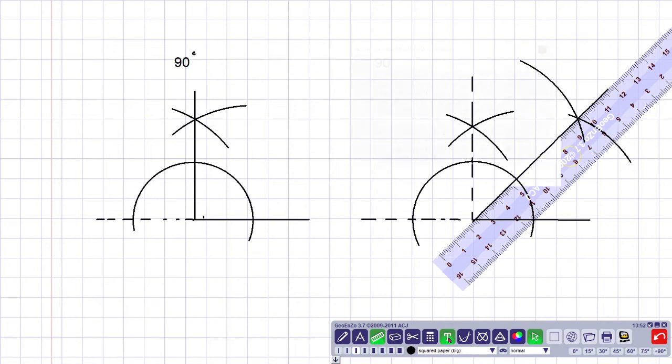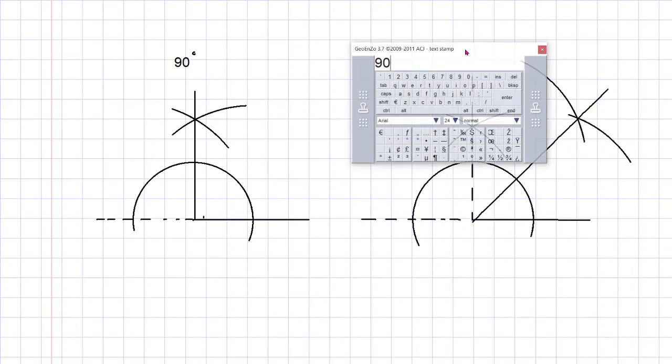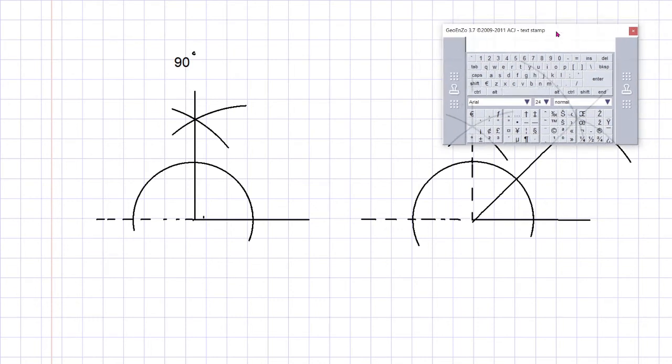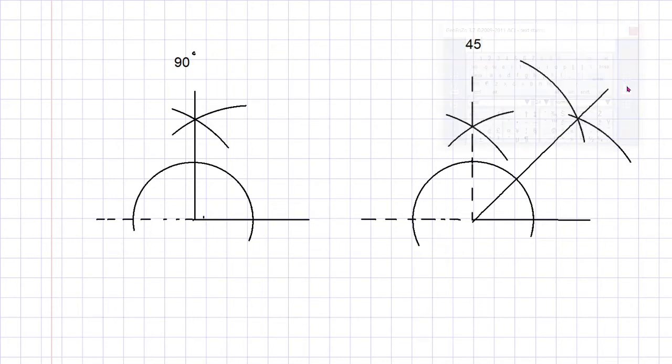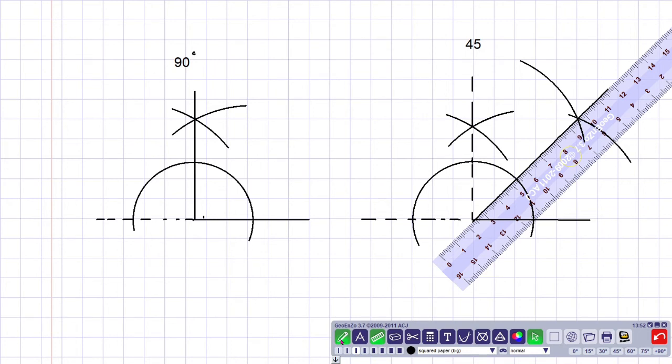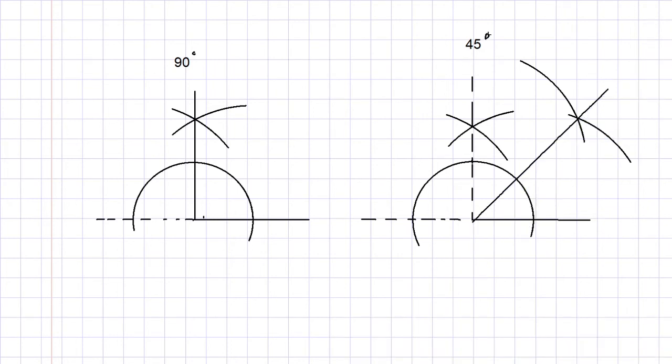Now this angle is 45 degrees, half of 90 degrees.